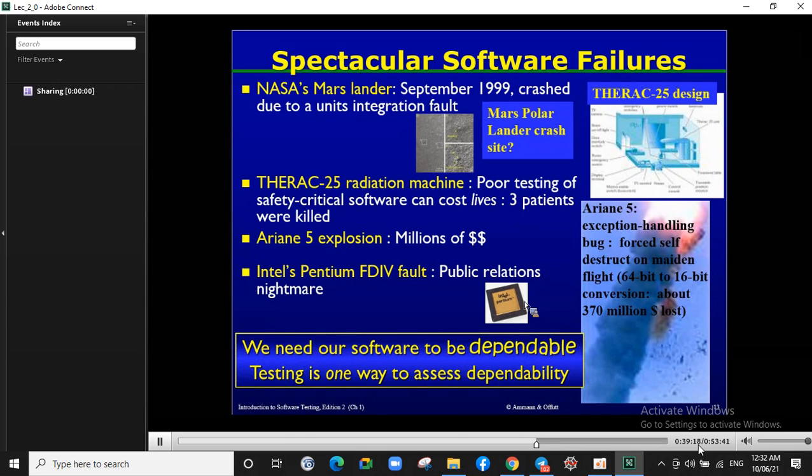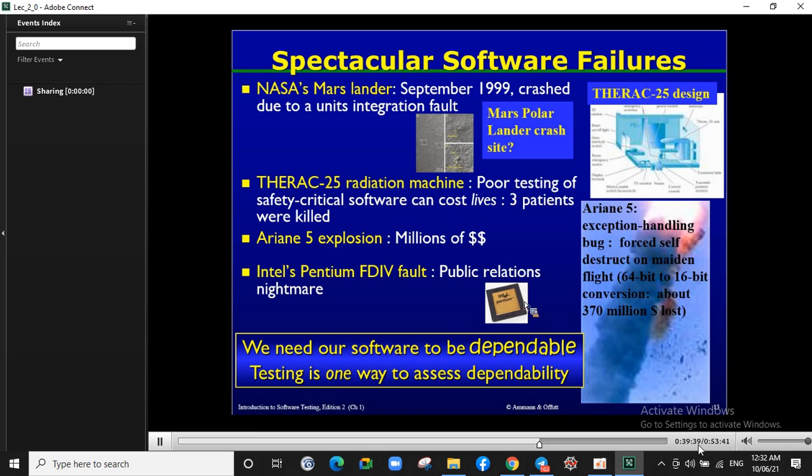So we say that we need our software to be dependable, and dependability testing is one way to assess dependability. You should note that testing cannot guarantee that a software product is fault-free. This is important.